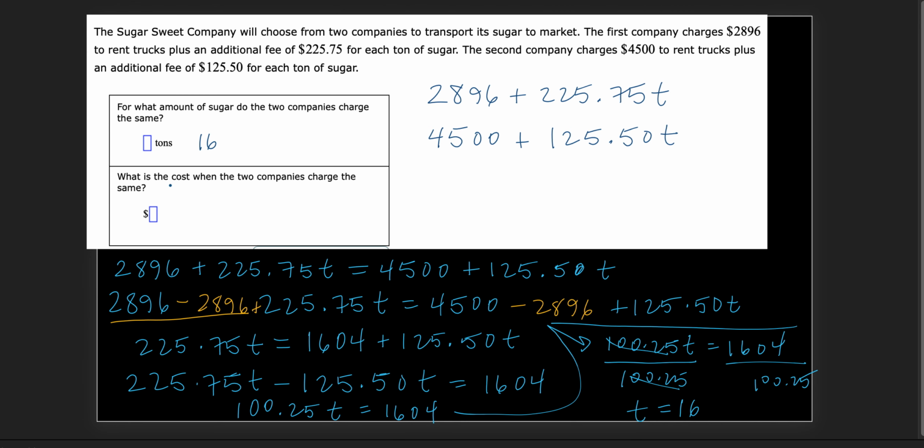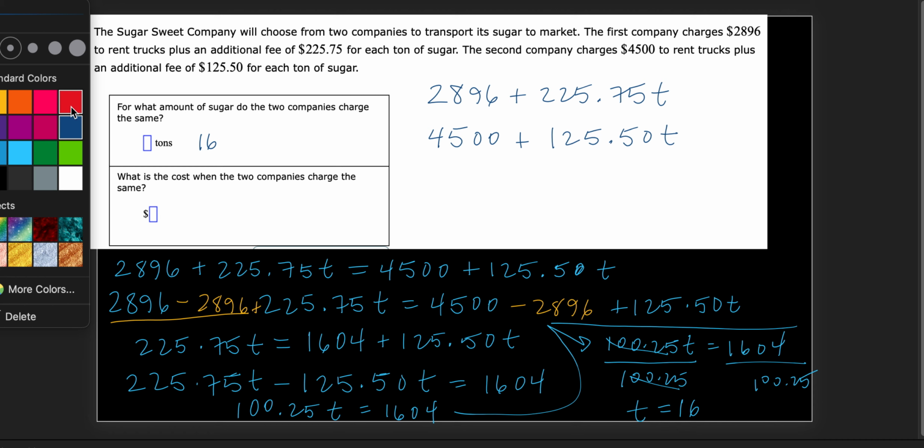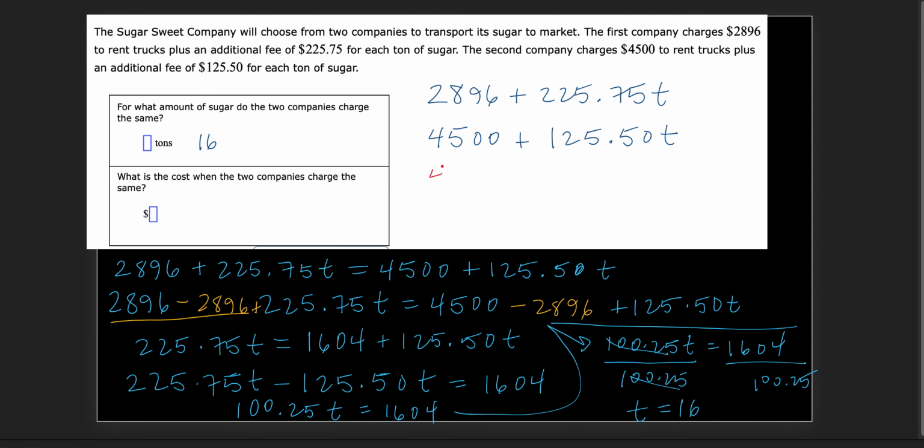Now this asks, what is the cost when the 2 companies charge the same? So when we know when the 2 are the same, we set them equal. So we know t would be 16 when they're the same. So all you need to do is take either one of these equations and plug in 16 for t and simplify that. I'll do that to the bottom since it's right there. 4,500 plus 125.50 times 16.